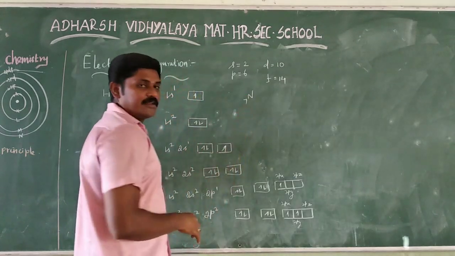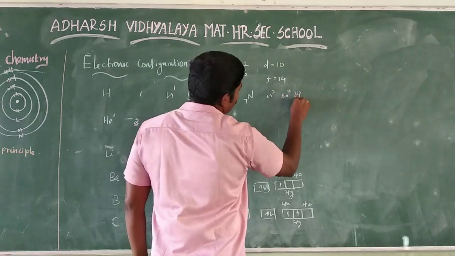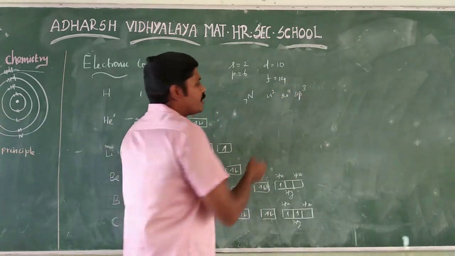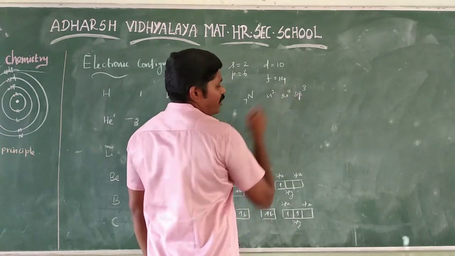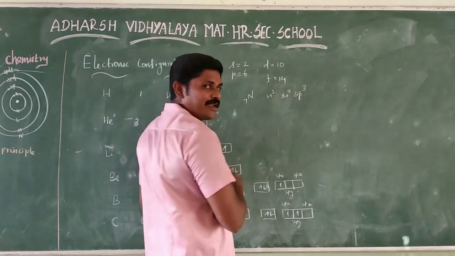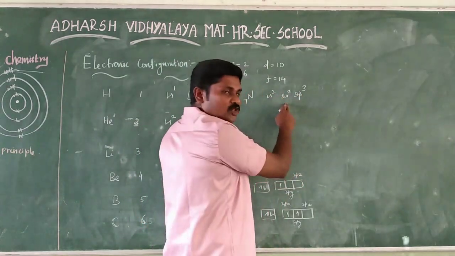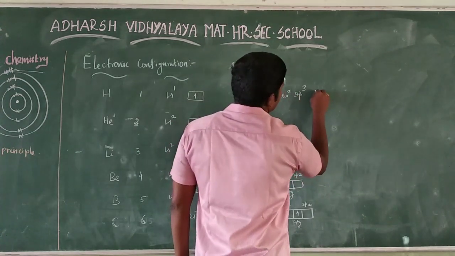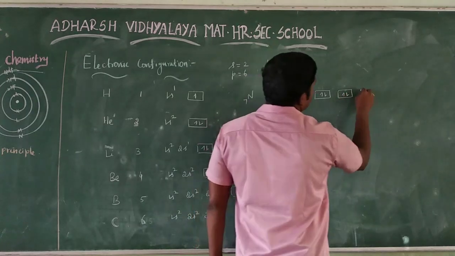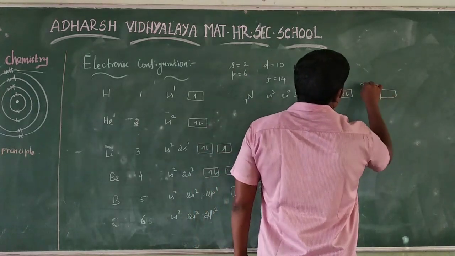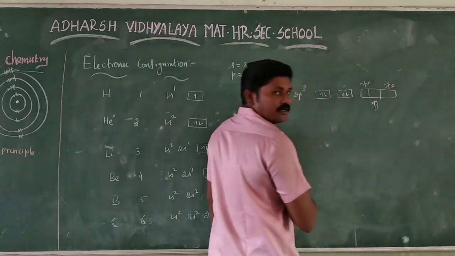Nitrogen, 7: 1s2, 2s2, 2p3. The half-filled 2p orbital is more stable than partially filled orbitals. 1s2, 2s2, and 2px, 2py, 2pz.